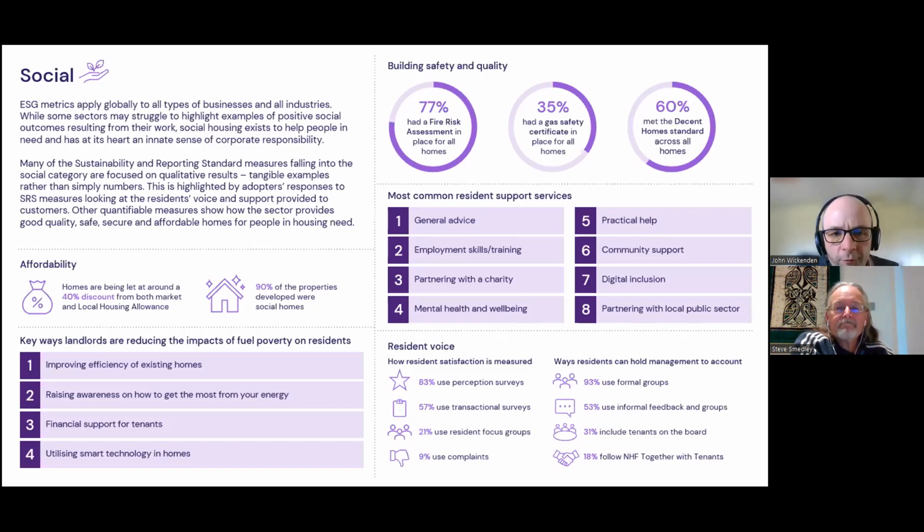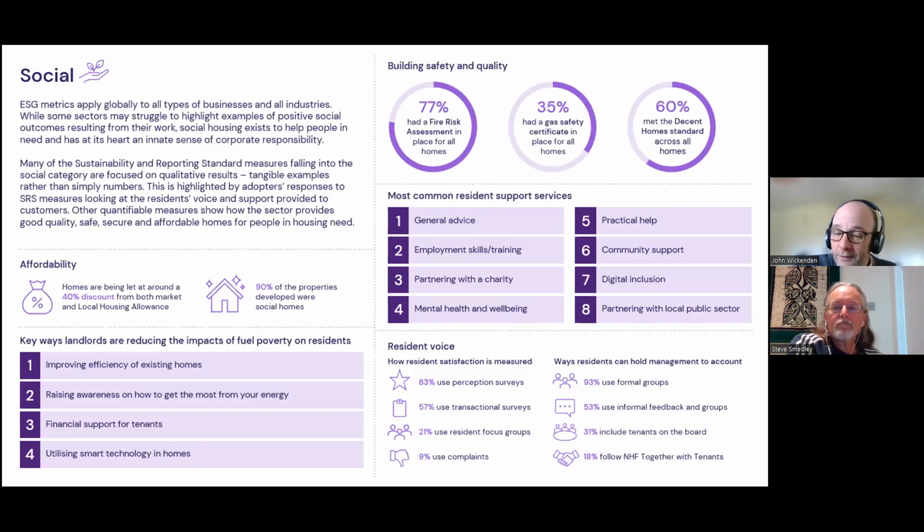Just moving on to resident voice before I get onto the qualitative stuff. So you can see there what I was referring to earlier. So we've got perception surveys, transactional surveys. Acuity will be able to talk to you in much more detail than I can about these. But you know, the English regulator is moving on to perception surveys.